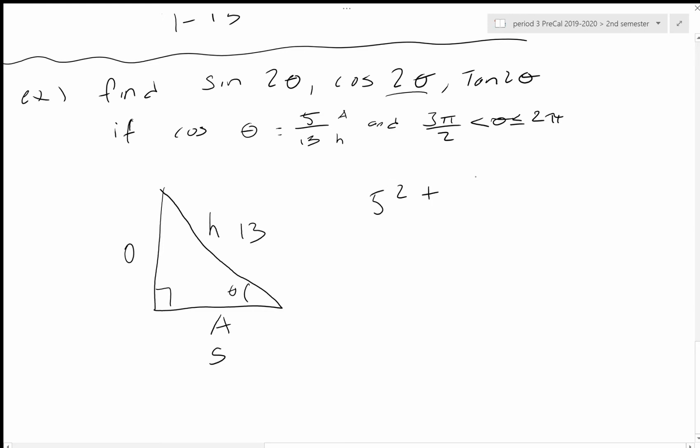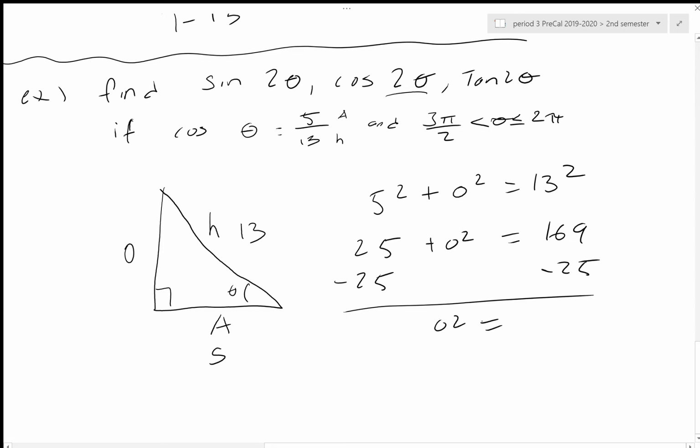Using Pythagorean theorem, I can figure out what O is. And I get O squared is 144, so when I square root it, I get O is equal to 12. So this is 12.